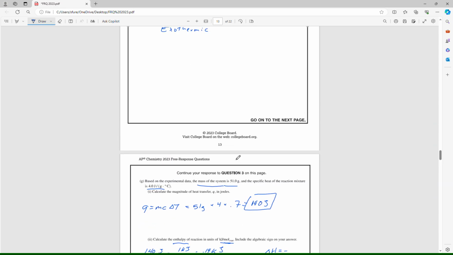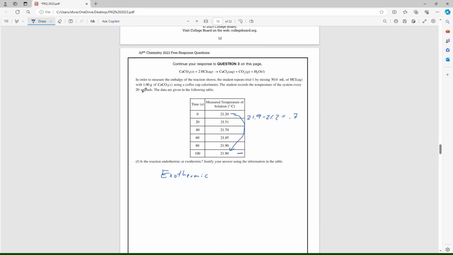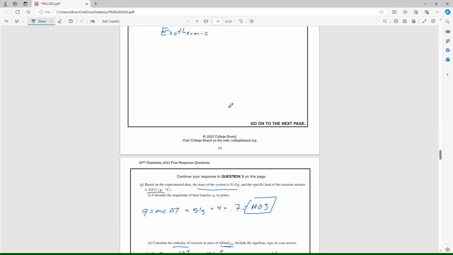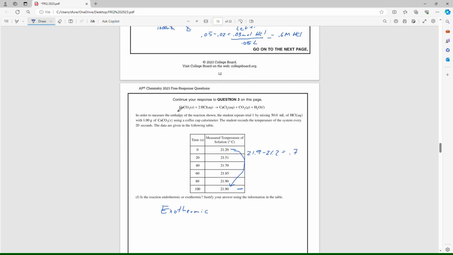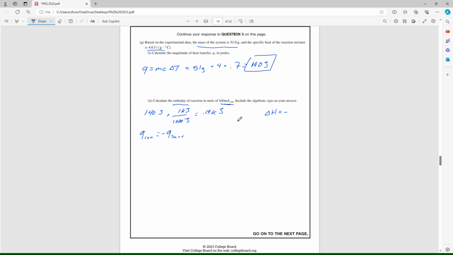Let's find moles of reactions. So it's 1 gram of calcium carbonate. It takes 1 mole of calcium carbonate for every 1 reaction. So let's figure out how many reactions occurred. 1 gram calcium carbonate was our limiting reagent. We already determined the molar mass of calcium carbonate was 100 grams.